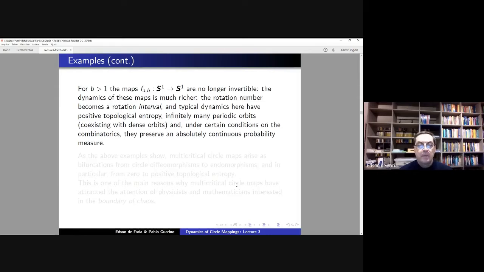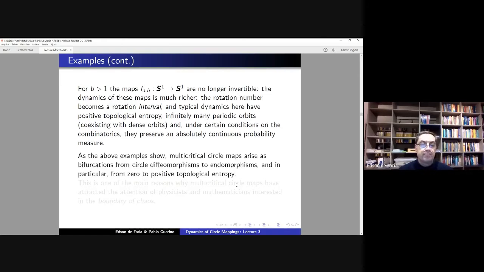The dynamics, of course, becomes much richer because it's similar to a unimodal map. So there is more interesting topology. There are more invariants than just a rotation number. There's a full rotation interval. And typically these maps will have positive entropy. But we are not going to study these maps in this course.